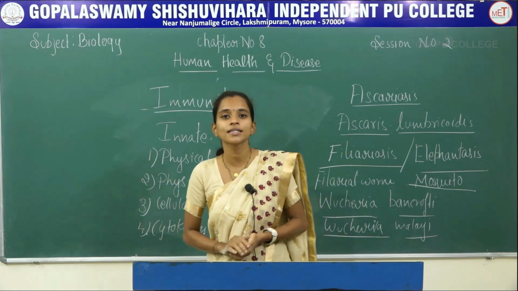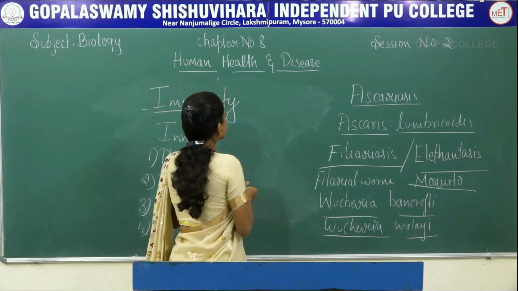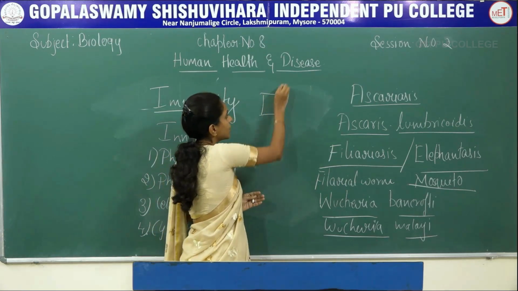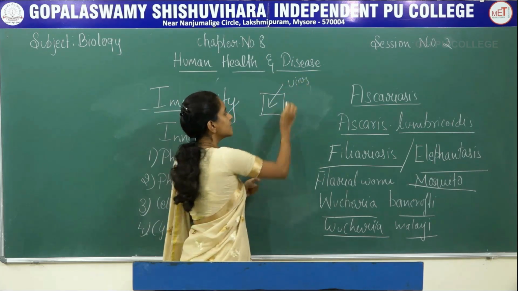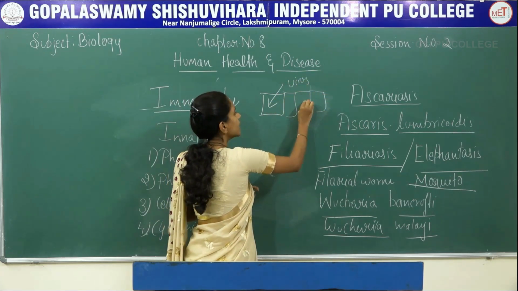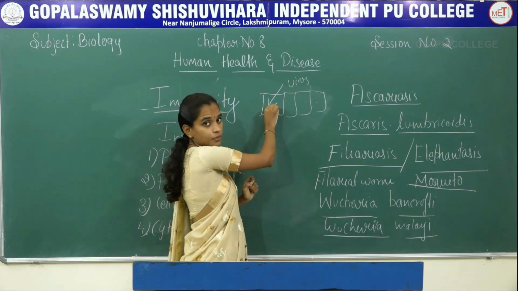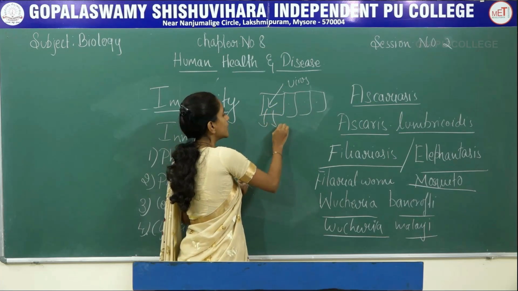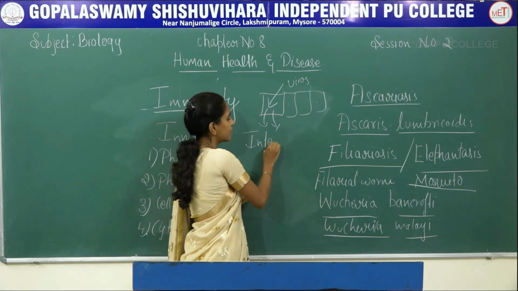Cytokinins are particular forms of defense. For example, if this is a cell present in our body and it is affected by a virus, the nearby cells are healthy cells. The virus-affected cell starts to release a particular type of chemical, and that chemical is interferon.